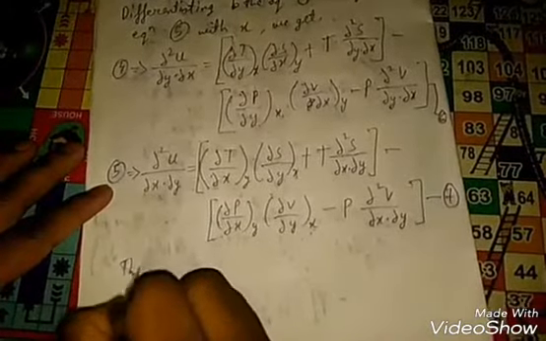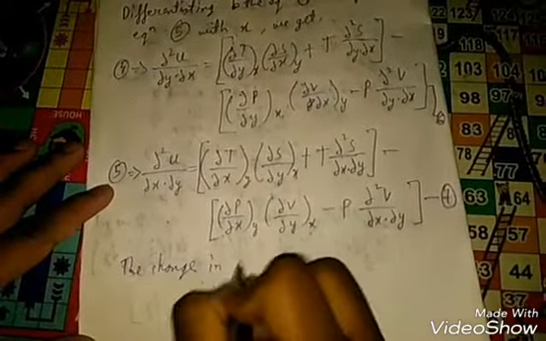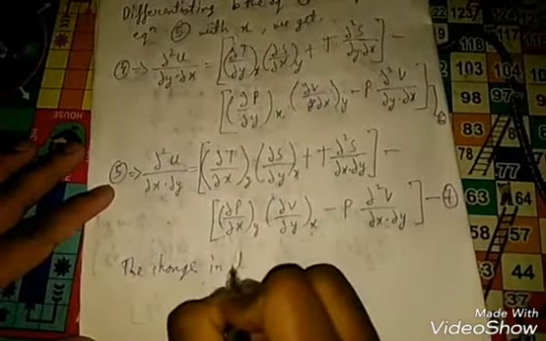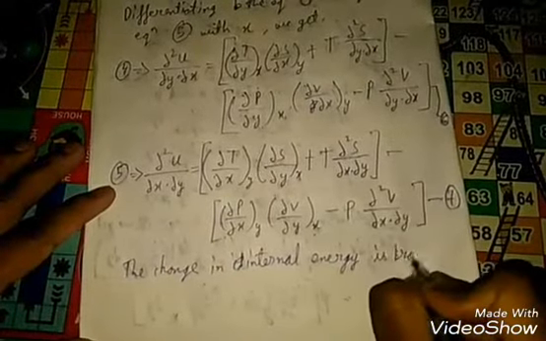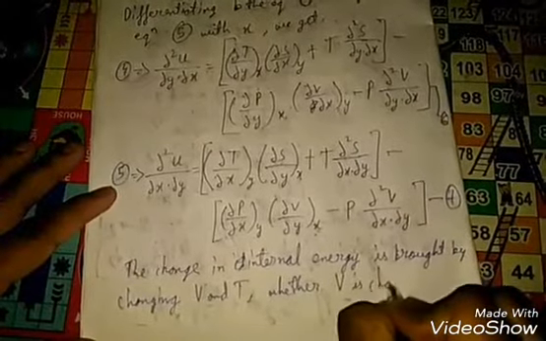So the change in internal energy is brought by changing v and t, whether v is changed by dv first and t by dt, or vice versa.